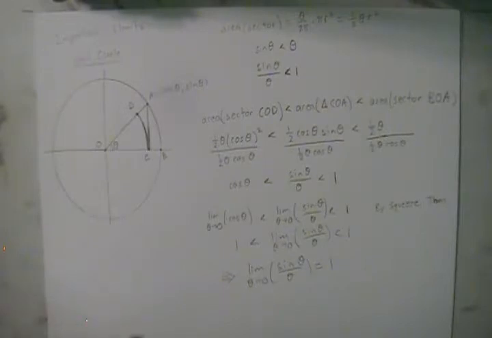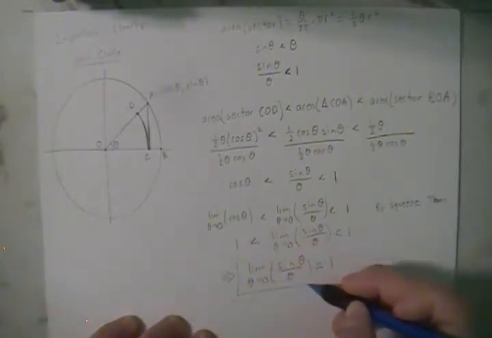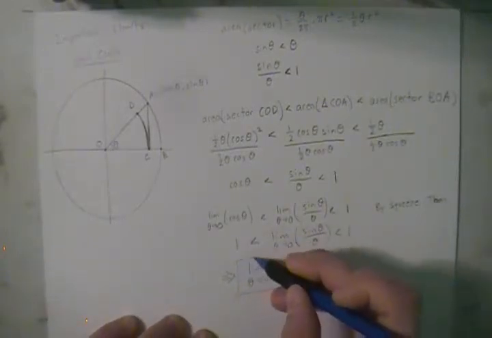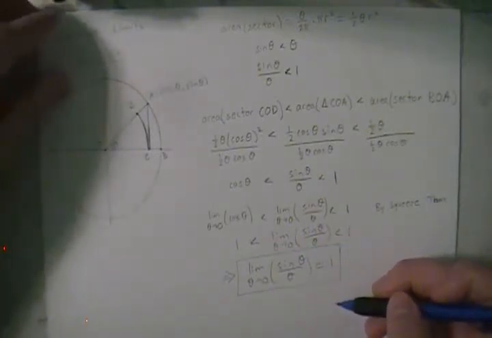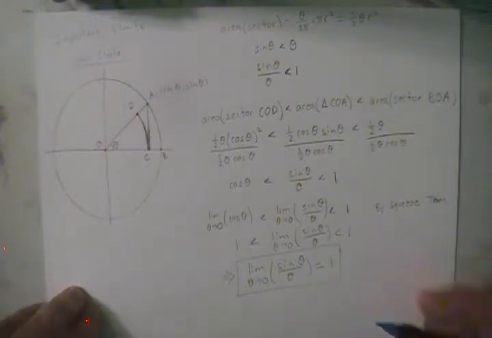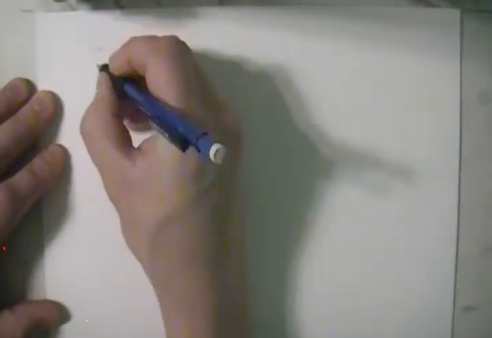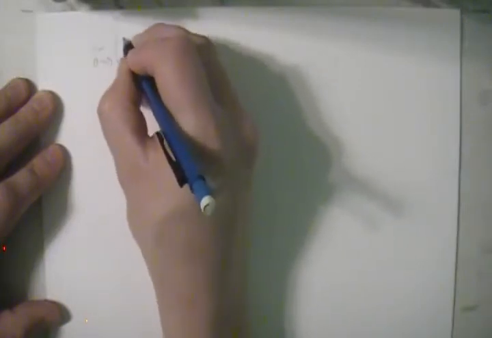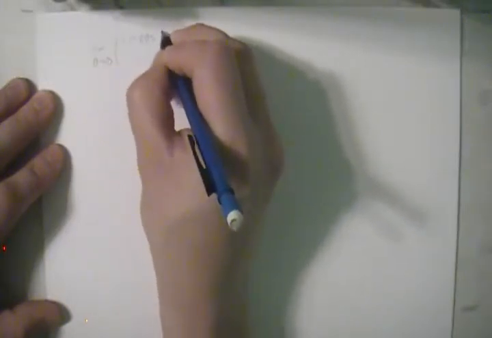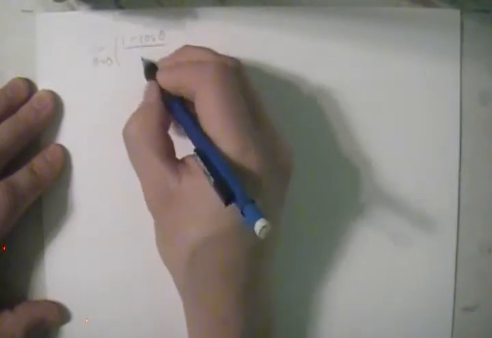All right, and this is the important limit formula that we need. And then I'm going to use this fact to talk about the next limit formula we're going to need, and that's the limit as theta approaches 0 of 1 minus cosine theta divided by theta.